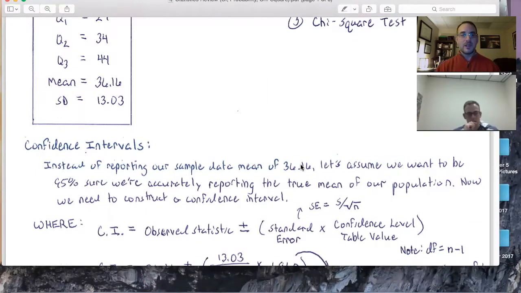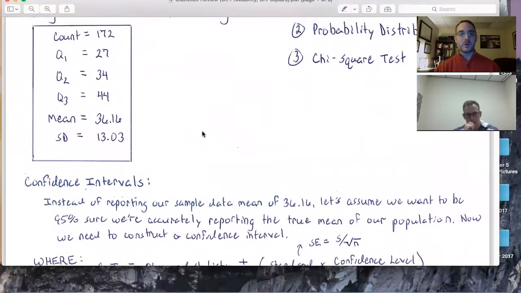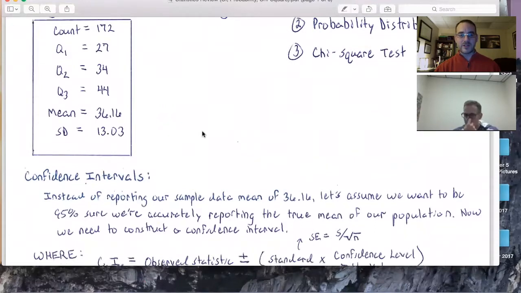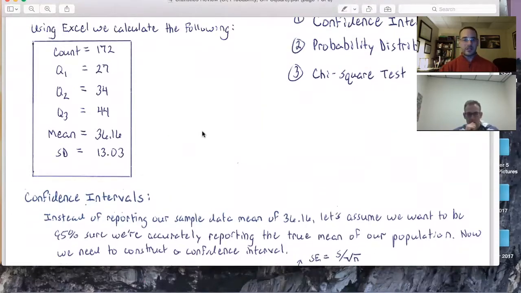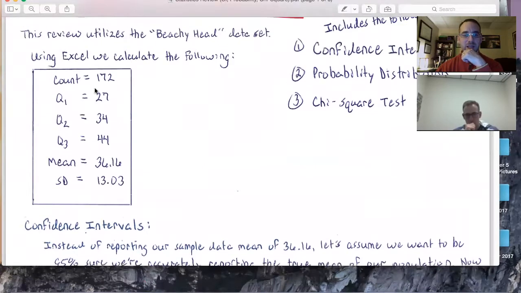So in this case, I would assume you've been working with your data, and let's work through this confidence interval problem. You can easily plug the Beachy Head data into Excel, and here's what I came up with. This was probably fairly similar to what you came up with. When you pull your data in, you should have 172 data entries.